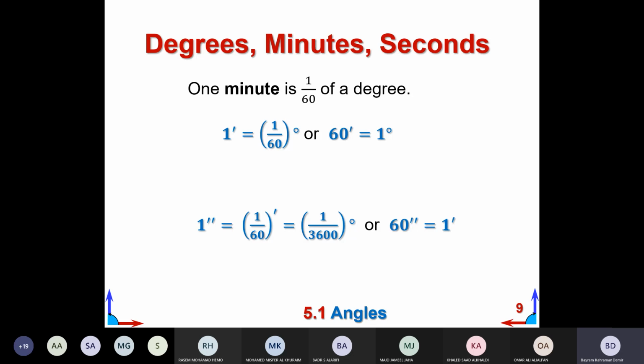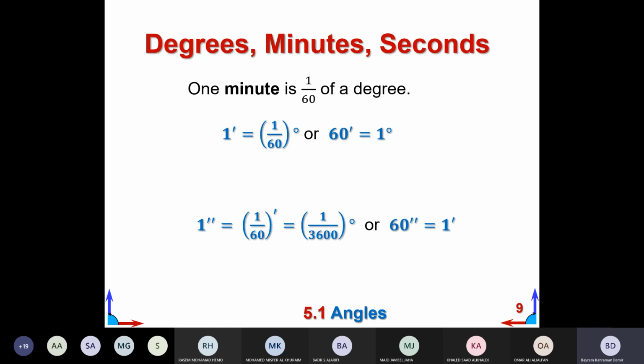So in angles, we are using the same names, Shabab, minutes and seconds, for very small angles. Imagine how small 1 degree already is. 1 degree is already quite a small angle. Now just divide the 1 degree by 60, and each part will be 1 minute of angle.